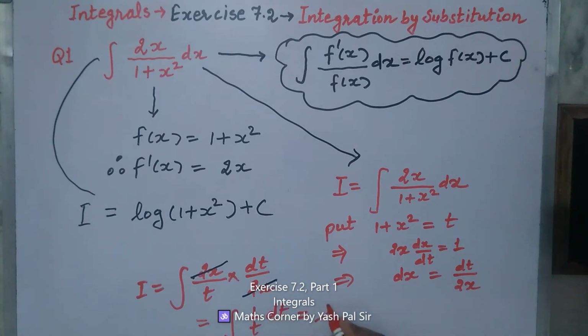So this is equal to log of t plus c. The original value of t, what is t? t is 1 plus x square. So it is log of 1 plus x square plus c. So this is the answer to the question.